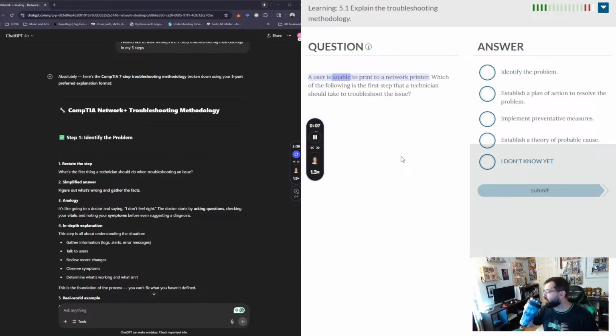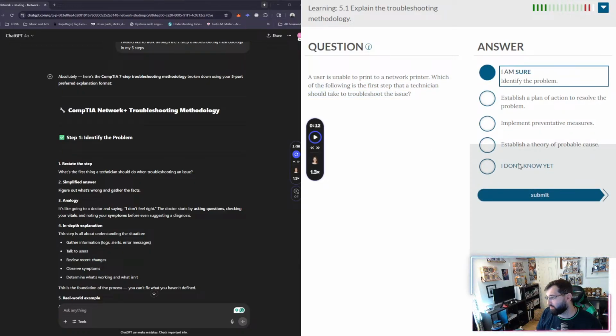A user is unable to print to a network printer. Which of the following is the first step that a technician should take to troubleshoot the issue? Identify the problem. We don't want to, because this is asking about steps. That's step 1, establishing a plan. The theory is 2. This is actually 5, and that's 6.